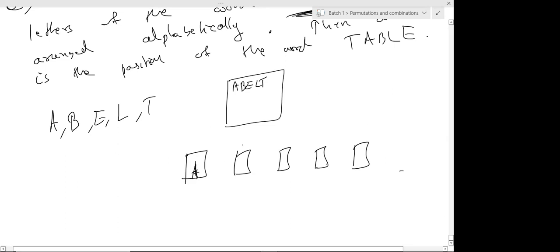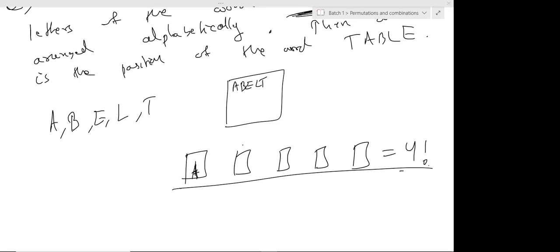Now 4 letters, 4 boxes, that means 4 factorial, right? So starting from A, I have 4 factorial words. Is it clear? Gautam, Shavya, Asma, Abdul. All right.